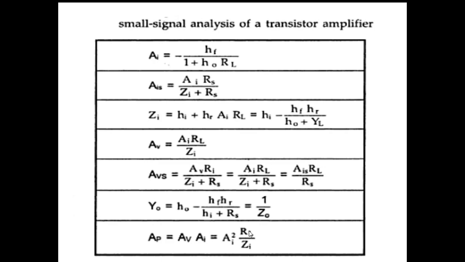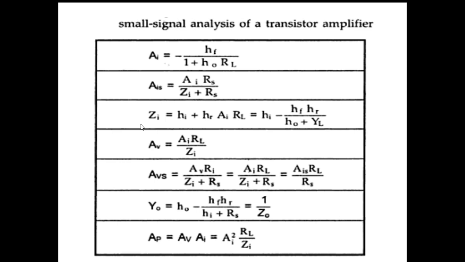From this, we can summarize the four parameters. The first equation, current gain AI is equal to HFE by 1 plus HOE RL or ZL.